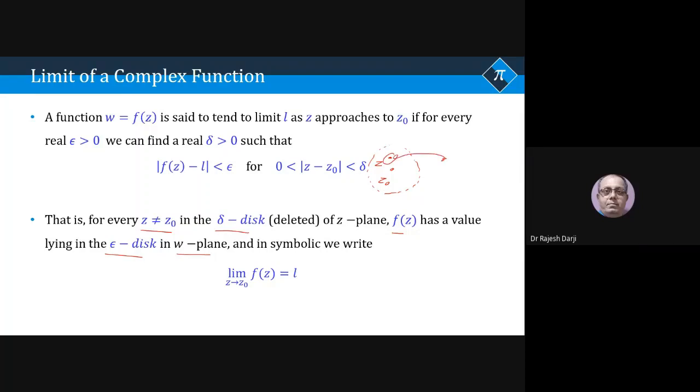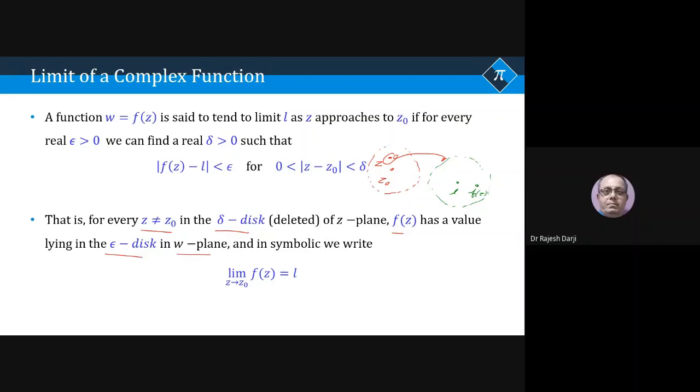Suppose this is the epsilon disk, and now this center is L. So if this is the point, then there should be some point whose image lies within that disk.